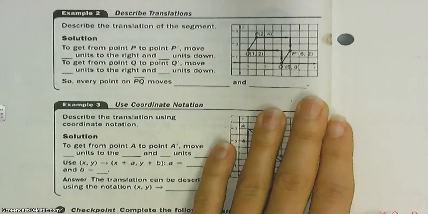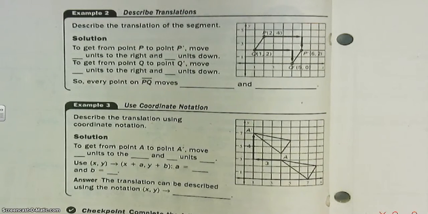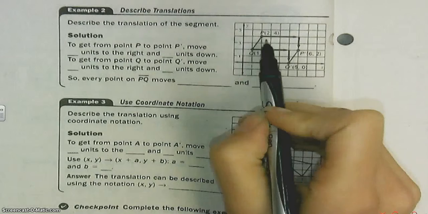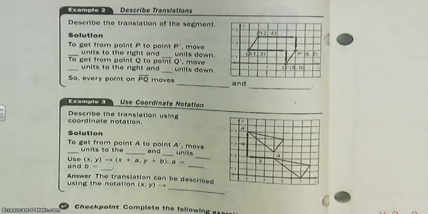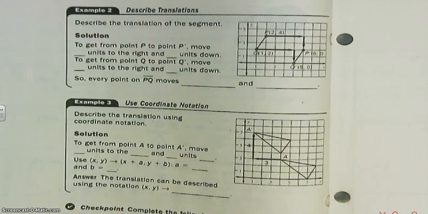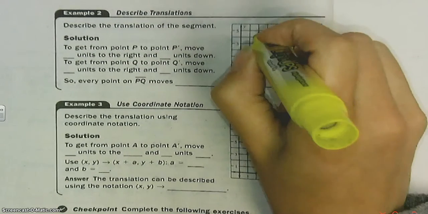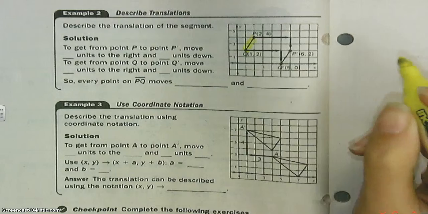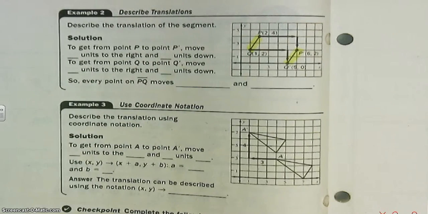Right, now we're going to describe a translation. What happened? Now if you notice, there's a segment here, there's PQ, and then there's P prime, Q prime. P prime, Q prime is the image, is the translation. So see, we start here with this segment, and then we end up here with this segment. So we have to describe what's going on.